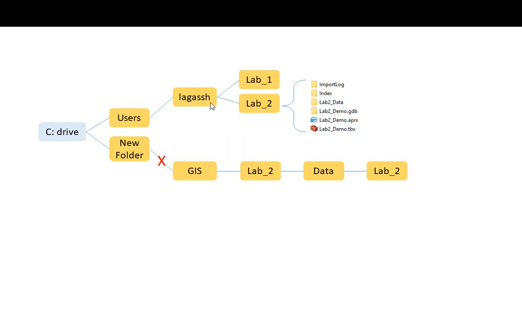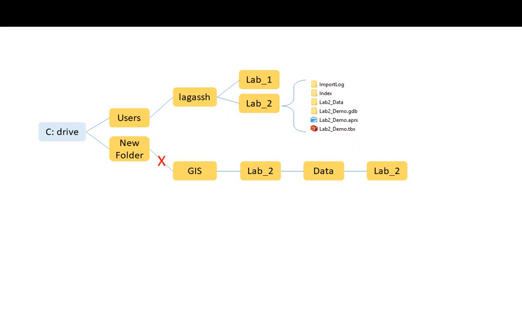And then within that, I've created two folders with the lab titles, and so I know where to find these things again. So for example, in Lab 2, this would be my project folder, which I would make when I opened up ARC. And within this, there will be a number of items.